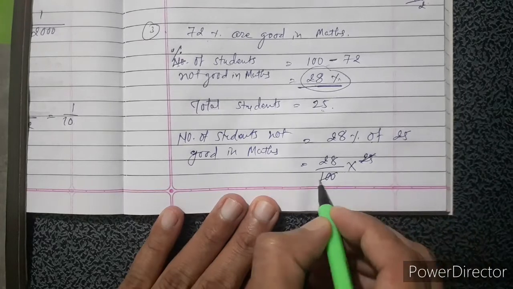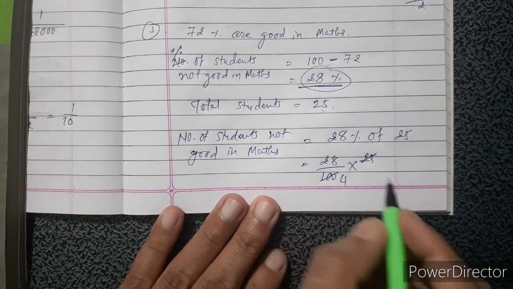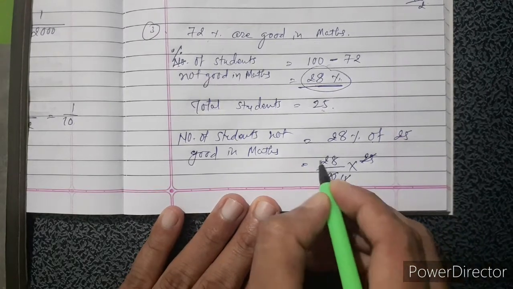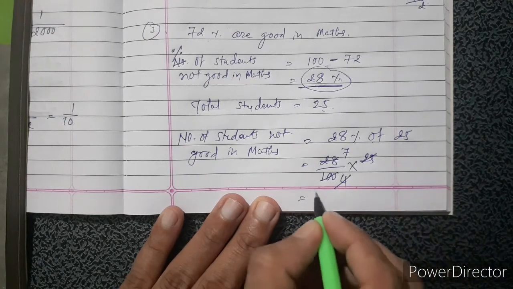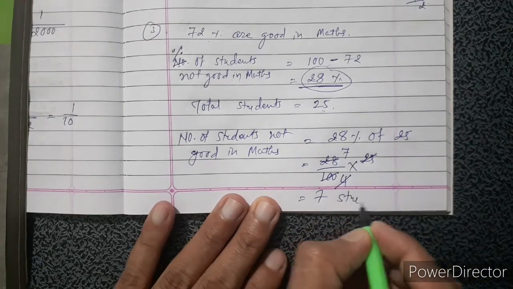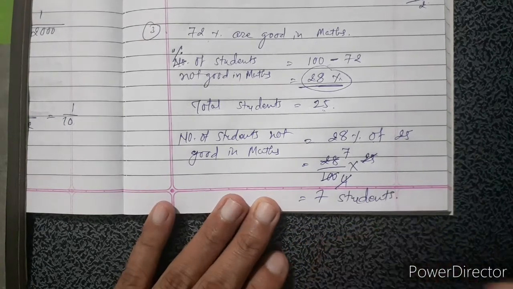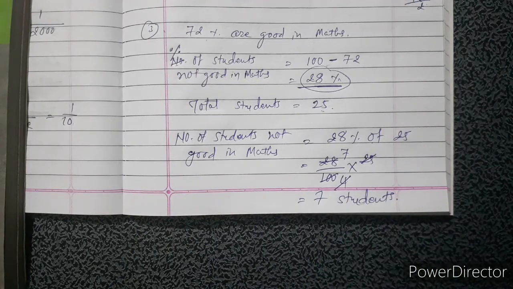So 25 4s are 100, and 28 divided by 4 is 7, means 7 students. 7 students are not good in maths.